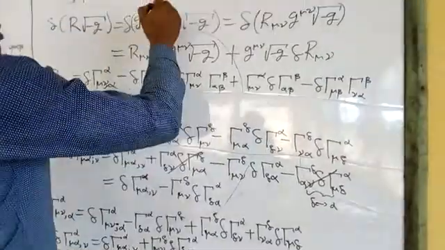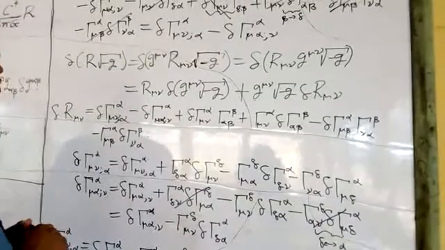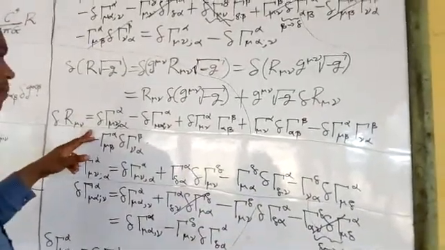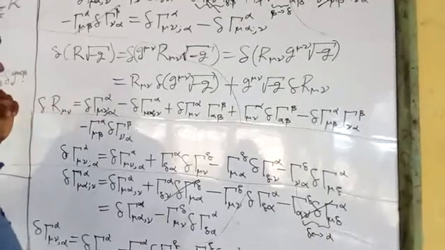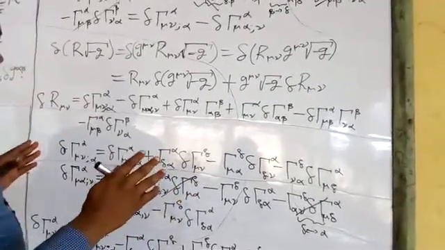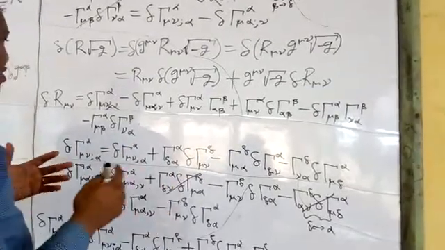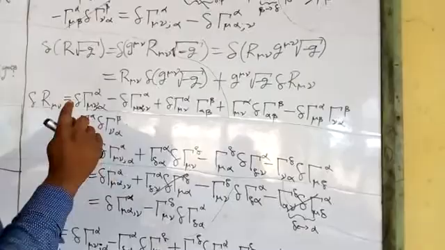Now, one other way to obtain this is to simply choose a geodesic coordinate system in which the Christoffel symbols all vanish except their first derivatives. So the Christoffel symbols all vanish, but any Christoffel symbol that is differentiated with respect to mu alpha or any of those wouldn't be zero.